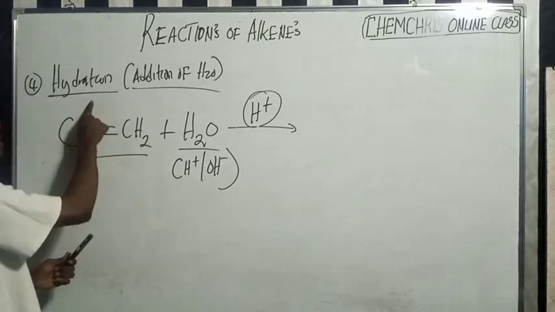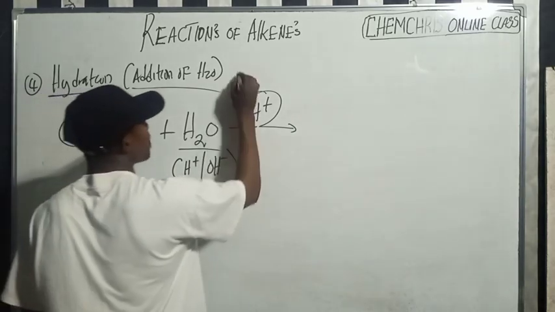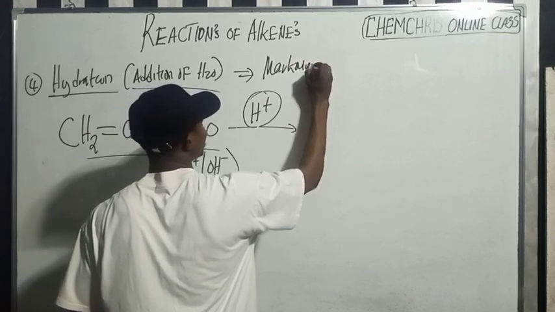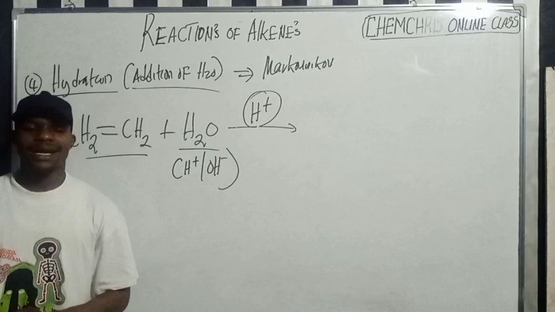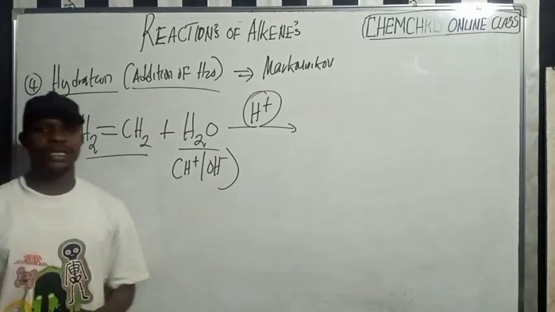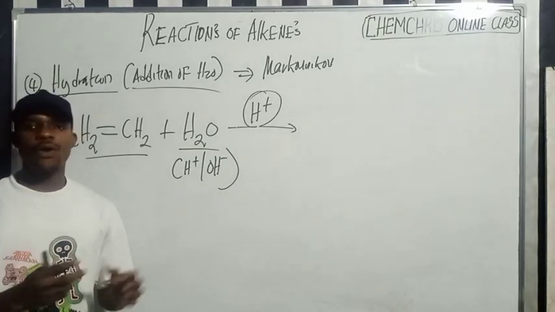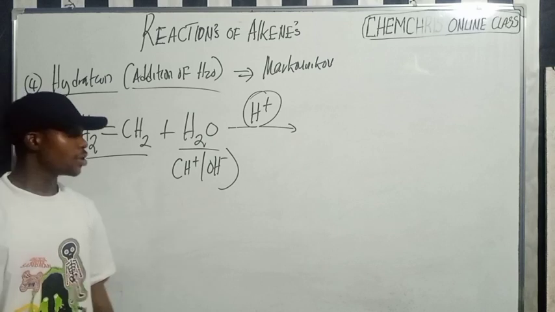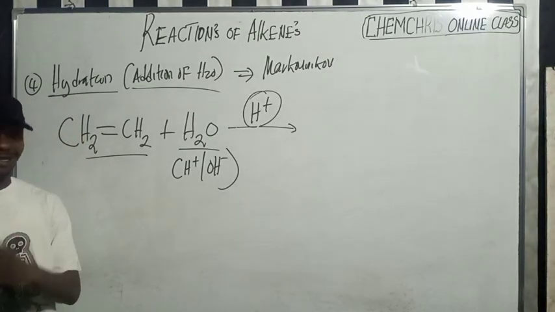So when I say hydration, addition of water, it also follows the Markovnikov rule. Now, what is the Markovnikov rule again? Hydrogen is always added to the carbon atom with more hydrogen, while OH is added to the carbon atom with less hydrogen.